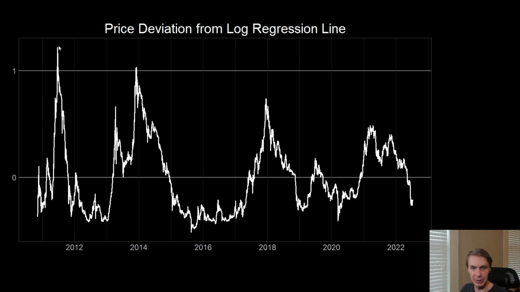And we can see a similar story, right? We see diminishing volatility to the upside. But then at the same time, if we look at volatility to the downside, here we see an extremely different perspective. Here we're actually seeing the lowest deviation off of that best fit log regression line actually happened back in 2015. Even lower than what happened back in 2011, 2012.